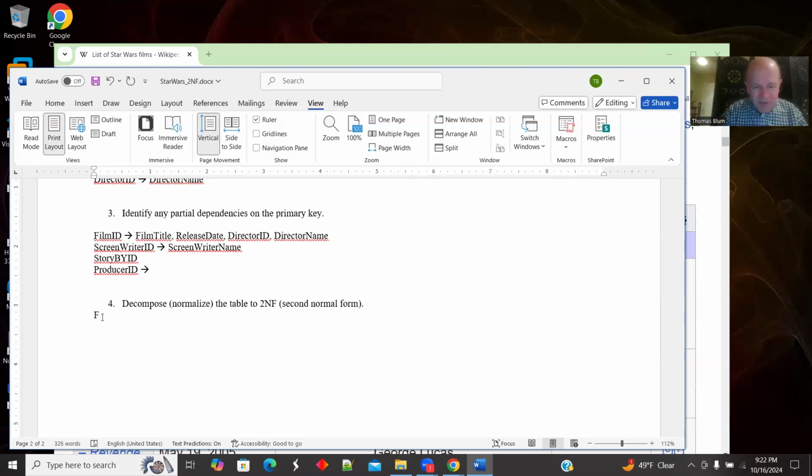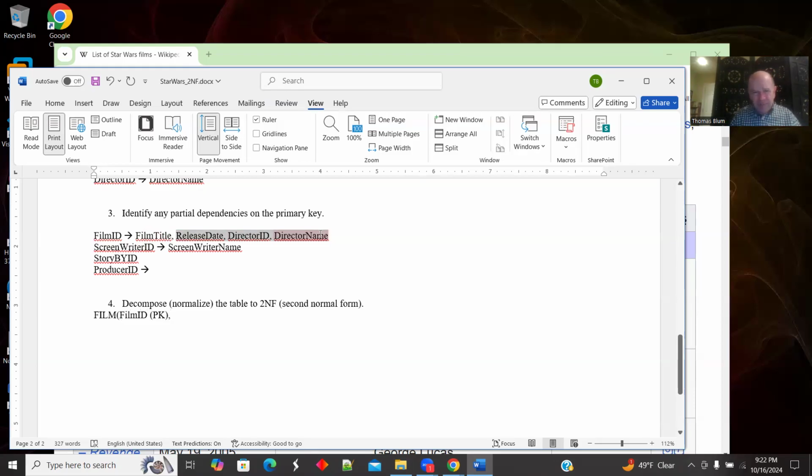So we're definitely going to have a film, which is going to have a film ID as a primary key. And that's going to determine the release date and the director.